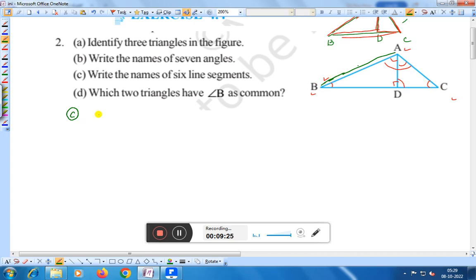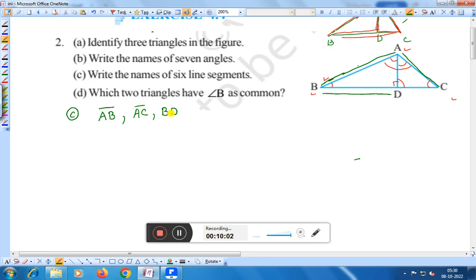That means we can take AB line segment. You have to give the symbol also. Then AC, AC is this line segment. Therefore, AB, AC, and here you can take BD up to here, that line segment is BD.